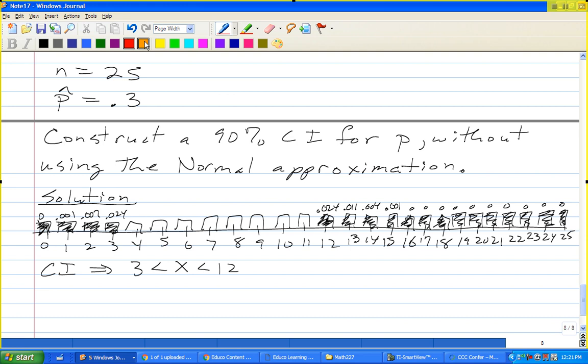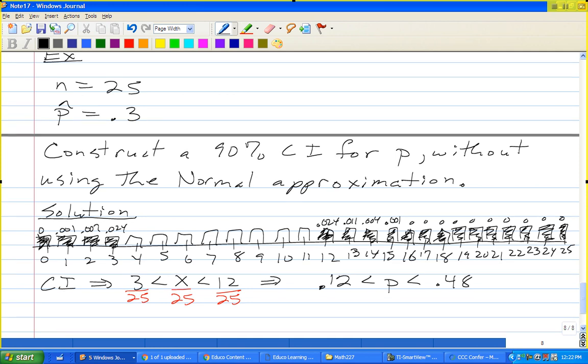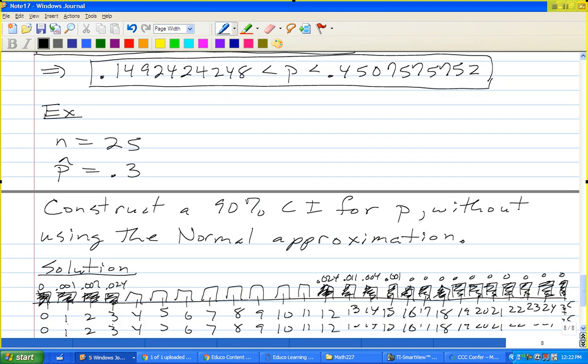So if you divide everything by 25, 0.48, and so you get somewhere between 12 and 48, which isn't bad actually.